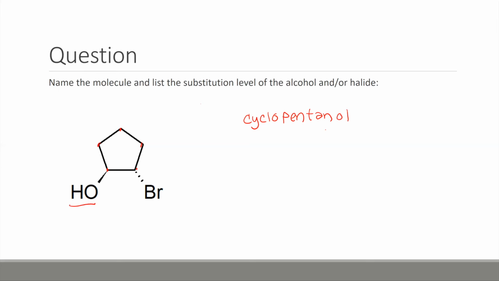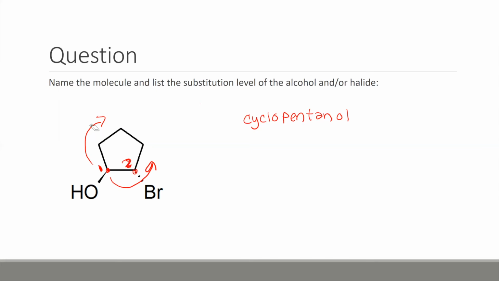Okay, now let's talk about numbering. Remember, OH always gets precedence, so this will be position number 1 on the ring, this carbon. Now, if I number this way, the bromine will be at position 5. But if I number going this way, the bromine will be at position 2.